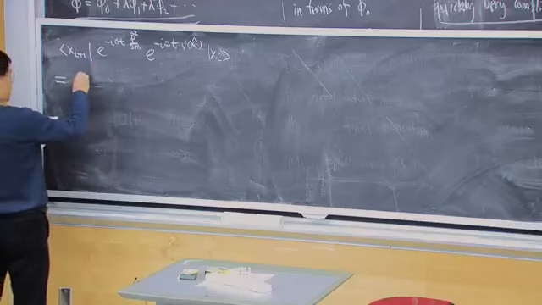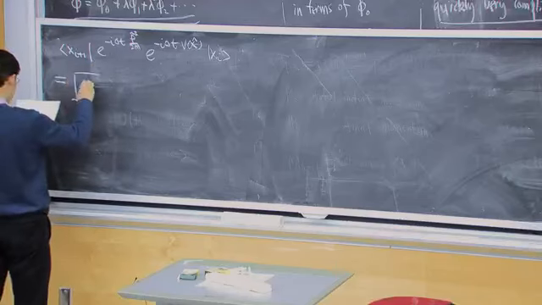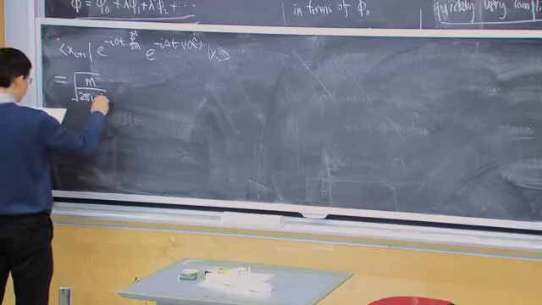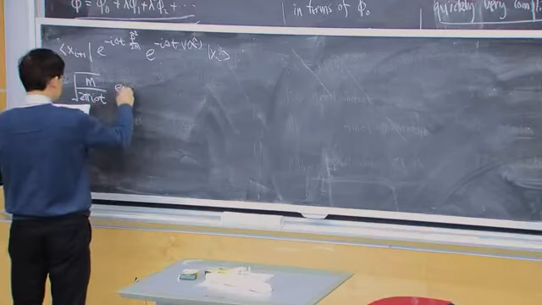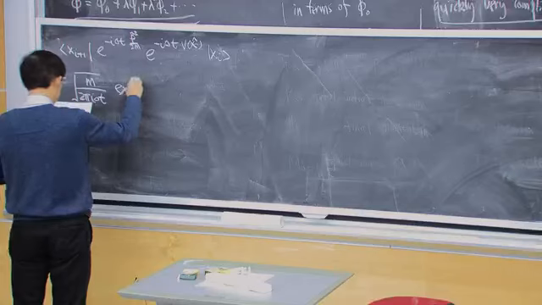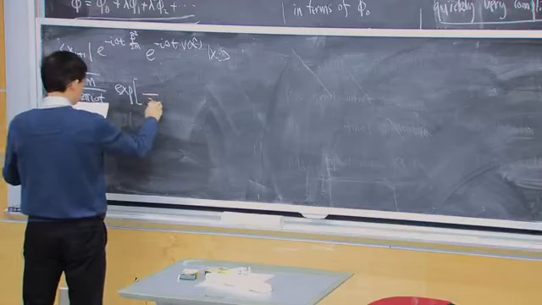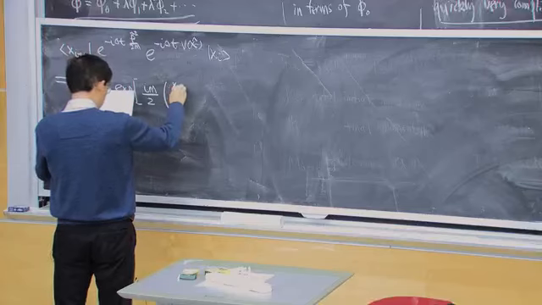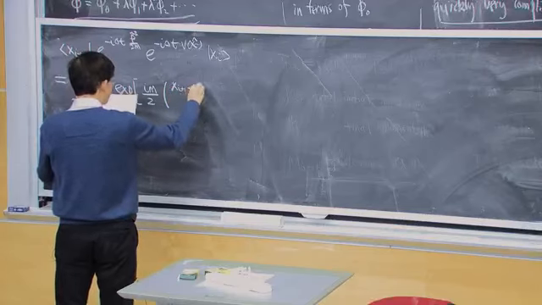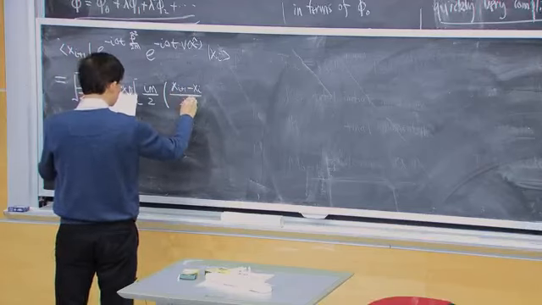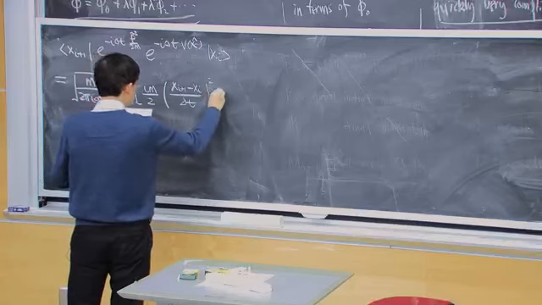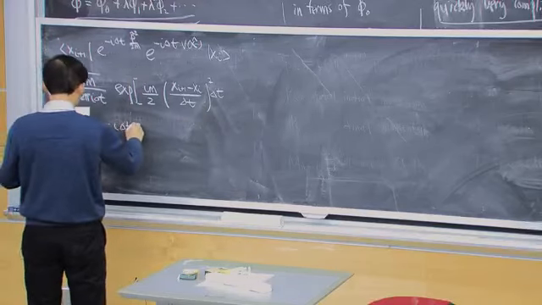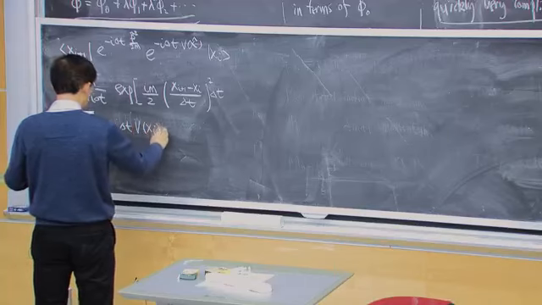So this becomes the following object, m divided by 2 pi i delta t, exponential. So you can evaluate this explicitly: 1/2 i m (x_{i+1} minus x_i) over delta t squared times delta t, minus i delta t V dx.